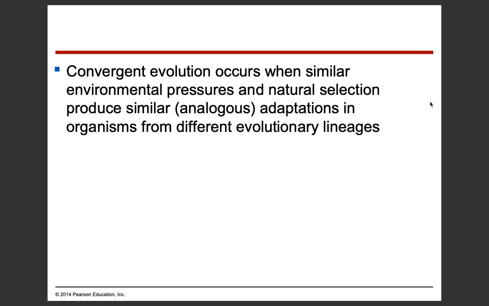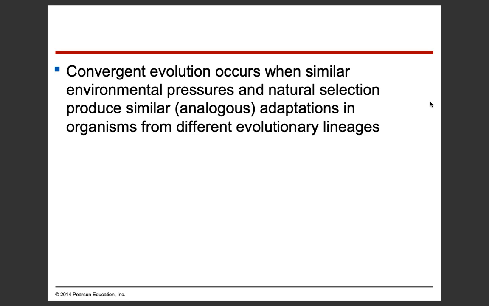They are both very, very distantly related, sure. But these wings developed because of environmental pressures and natural selection to their environments. These are analogous structures. Their job is to fly, but they are not composed of the same structures. They are showing you that they have different evolutionary lineages.